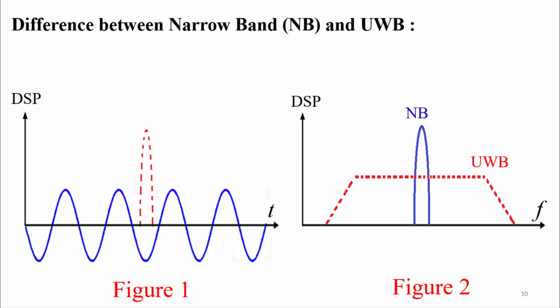Okay, so now we will talk about narrow band and ultra wideband, the difference between narrow band and ultra wideband characteristics. In figure 1 we see the temporal representation of a signal: in red color the ultra wideband signal, and in blue color the narrow band signal. Here we have the power spectral density in temporal representation.